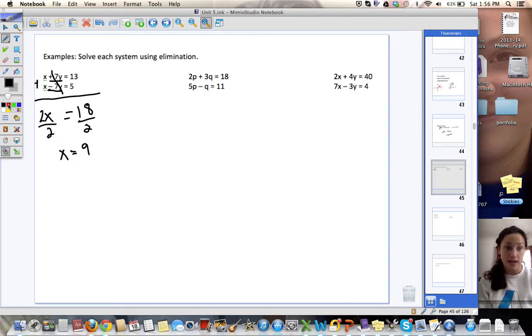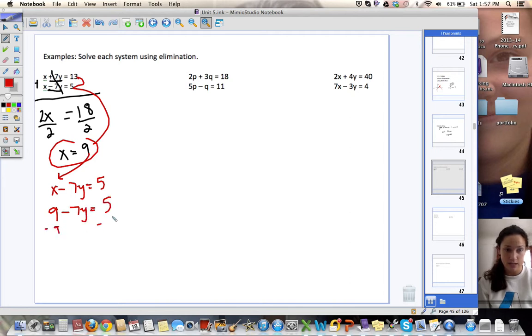Now that I found x, I can plug this into either equation and get my answer. I'm going to put it in the bottom one just because I like the number 5 better than 13. So it was x minus 7y equals 5. This is now my x value, so I'm putting it in there. Now it's 9 minus 7y equals 5, and I'm solving for y.